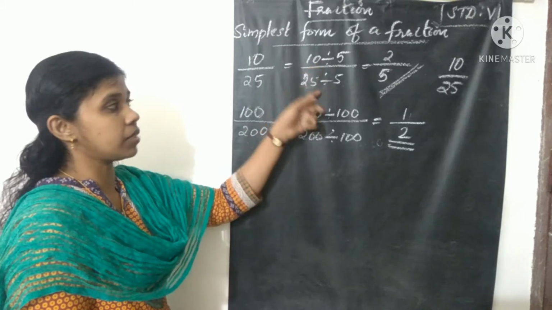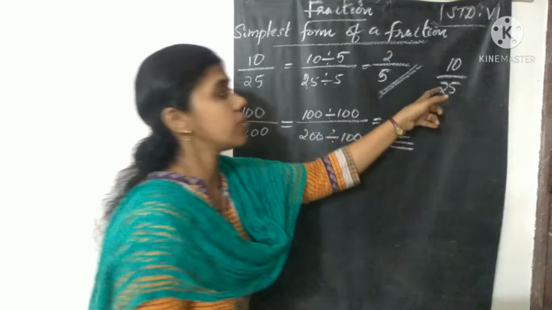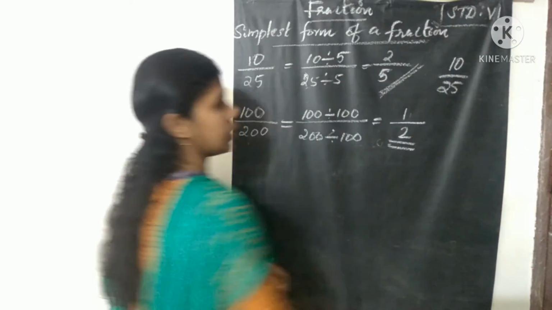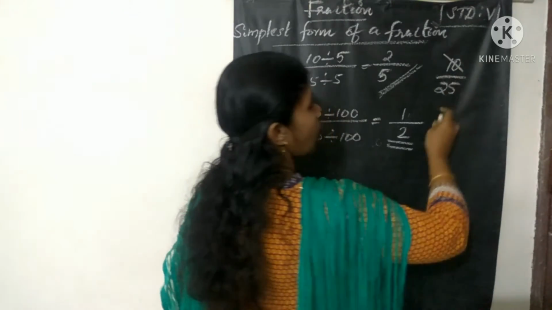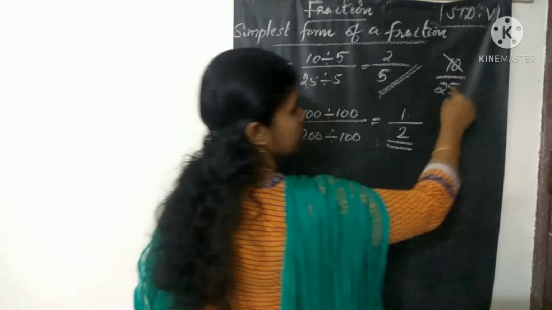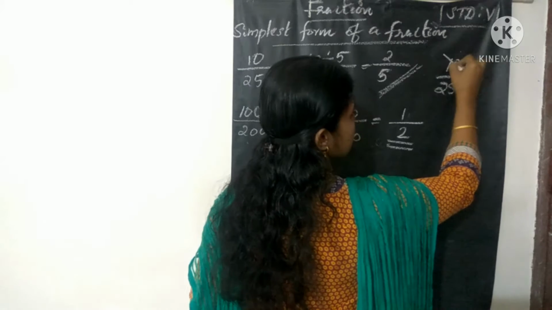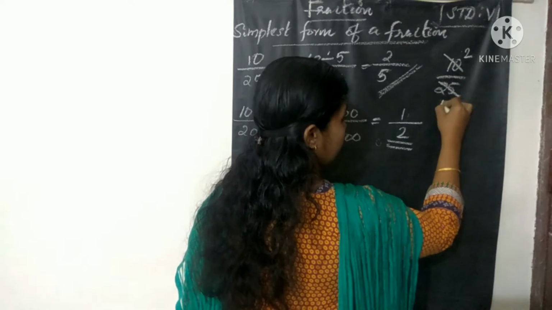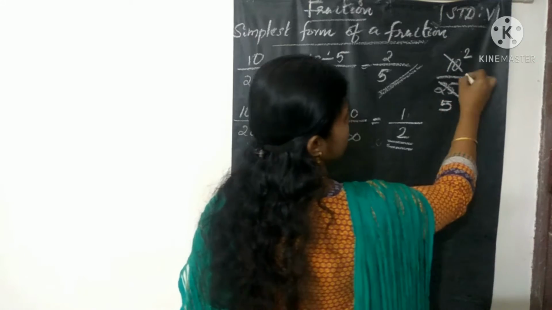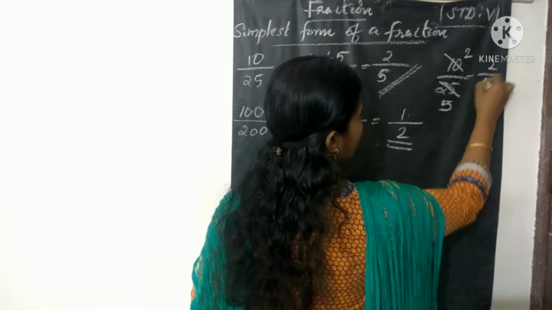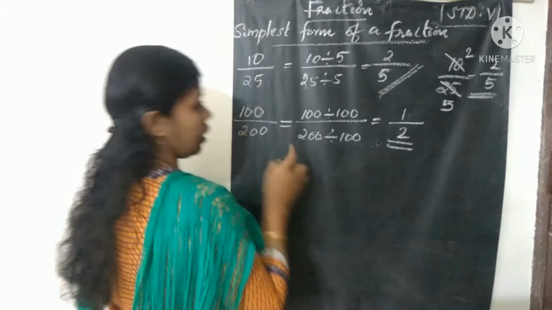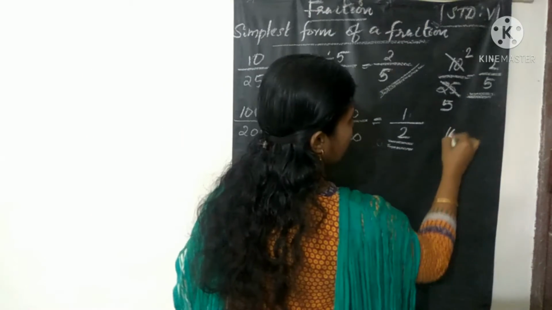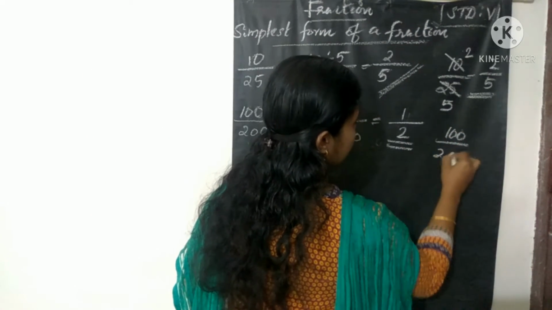Here we know 5 is the common factor of these two numbers. So, how many 5's contain in 10? 2 5's. How many 5's contain in 25? 5. So, answer is what? 2 by 5.